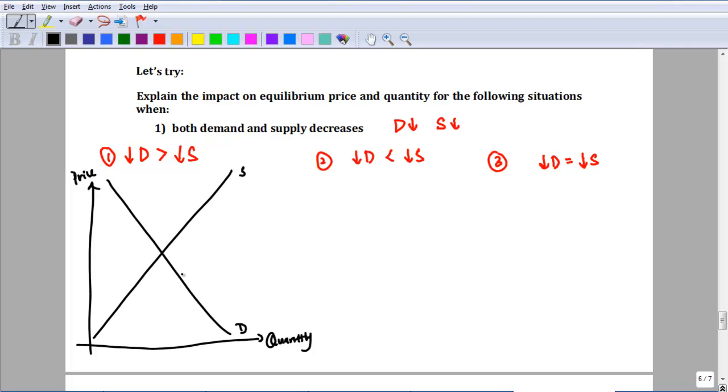The intersection of both demand and supply will determine our market equilibrium point. I'm going to label that as E0. Equilibrium price P0, equilibrium quantity Q0. Demand will shift left, but take note, it will shift more than the shift in your supply curve.